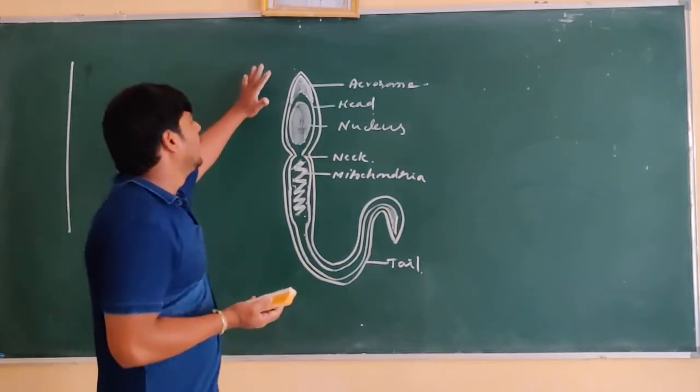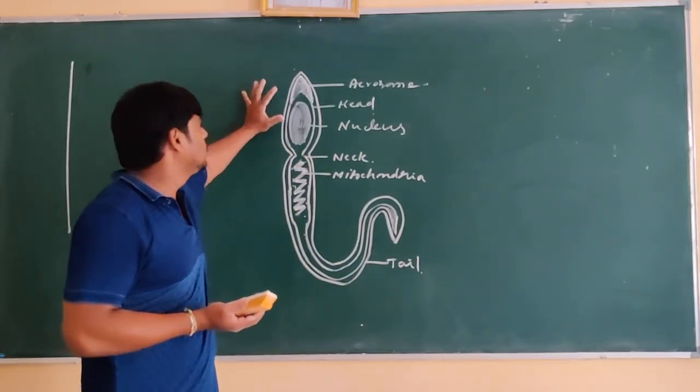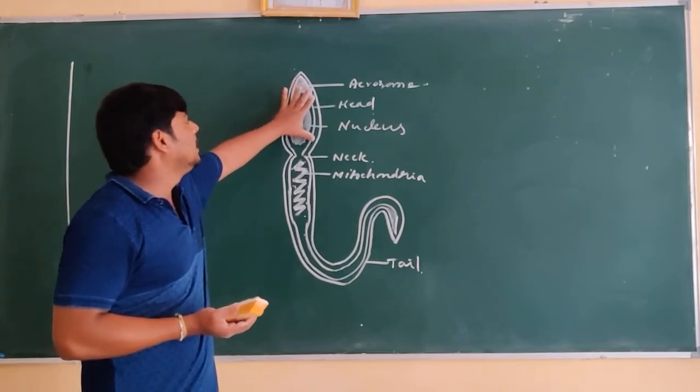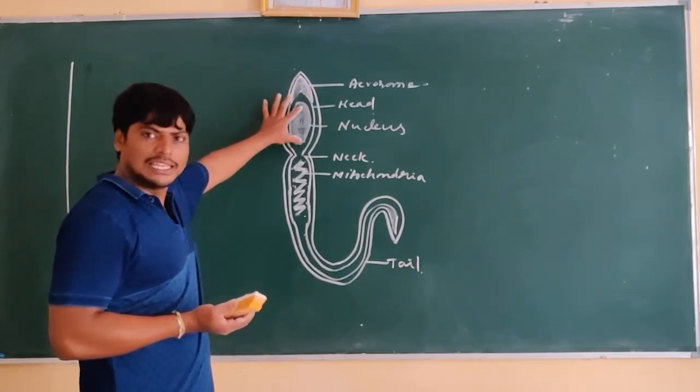So the male gamete, that is the sperm cell, consists of a head region, and inside this head region is a nucleus.